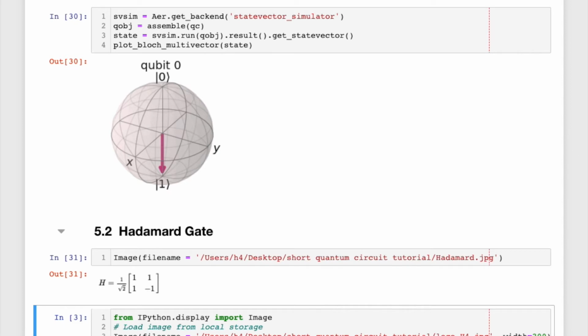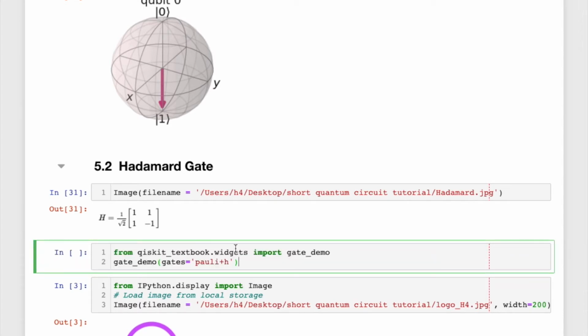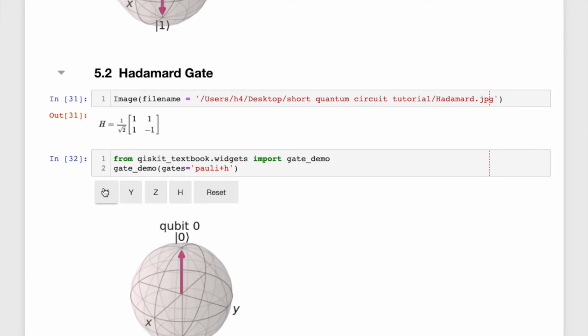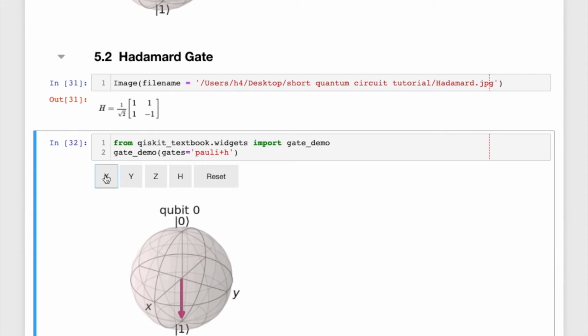There is a little demo here you can play with later if you want to understand these gates. If you run the gate demo, you have one qubit looking up in the beginning, and you turn it with an X Pauli gate. If I click on the X, it looks down. If I click on the X again, it looks down again. If I rotate around the y-axis, it should look down again.